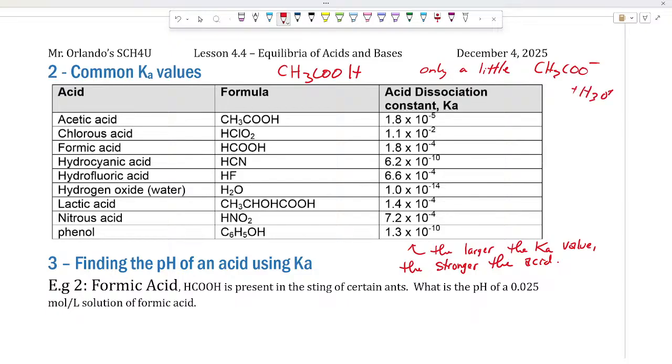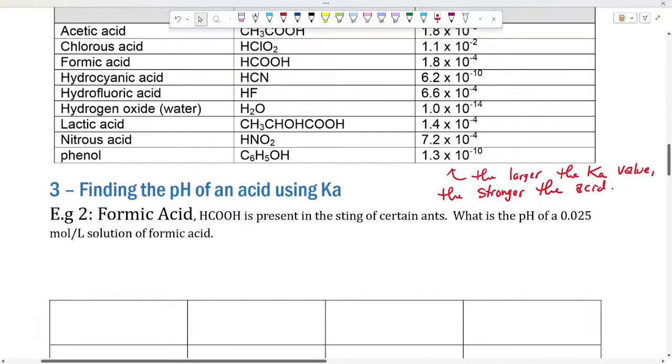Does that make sense? That's what this is telling you, is that the ratio is going to favor the reactants, the bottom of the fraction, right? Because it's a small number. Does that make sense? So when we're talking about acids, unless you're talking about a strong acid that dissociates all the way, you tend to be talking about things that really don't form very strong acids at all.